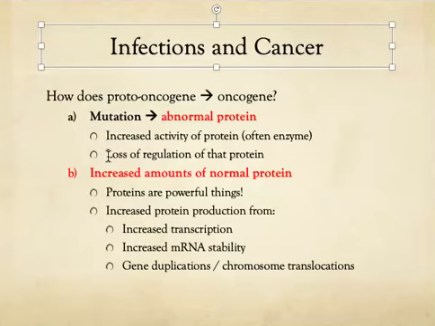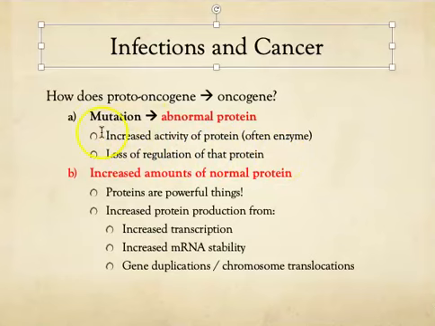Sometimes it's just that that protein doesn't have any regulation anymore, so it's being active in a way that it shouldn't be. It should normally be regulated, it should be controlled in its activity, and through this mutation, it has lost that control.